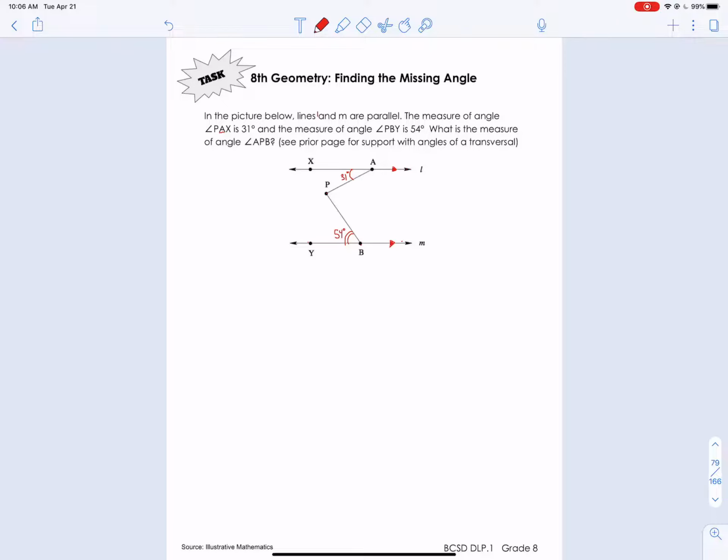Okay, so what else do we have? What is the measure of angle APB? So this here. So that's the angle that we're trying to figure out.